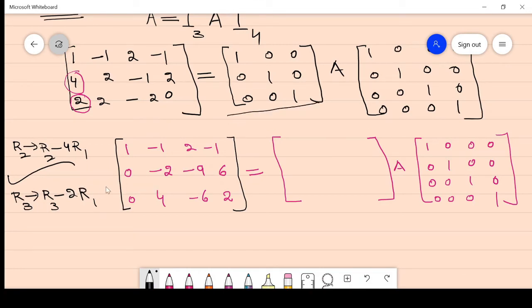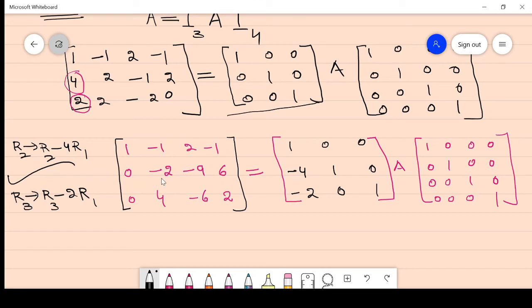So first I apply R2 minus 4R1. The first row will be the same. Now minus 4R1, so this will be minus 4 1 0, and here it is minus 2 0 1, applying R3 minus 2R1.